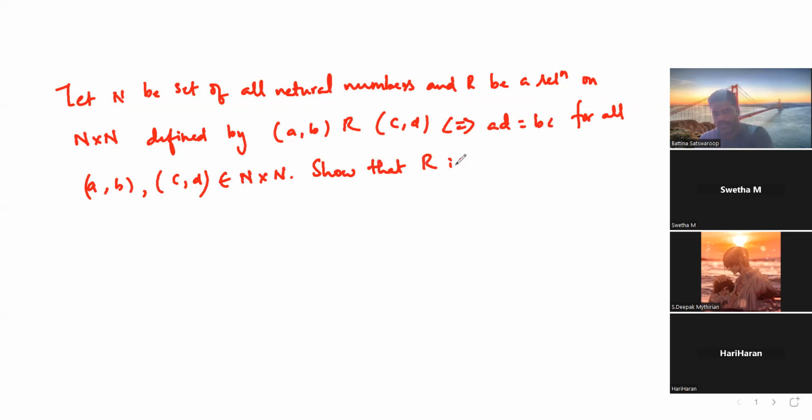So show that R is an equivalence relation on N cross N.